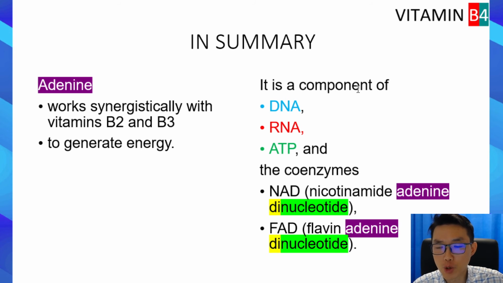It is also a component of our DNA material, our RNA material, and our ATP, which is the energy currency needed for all metabolic processes. And it is also a component of the coenzymes NAD, which is nicotinamide adenine dinucleotide, and FAD, which is flavin adenine dinucleotide. Therefore, adenine is still a very important molecule.